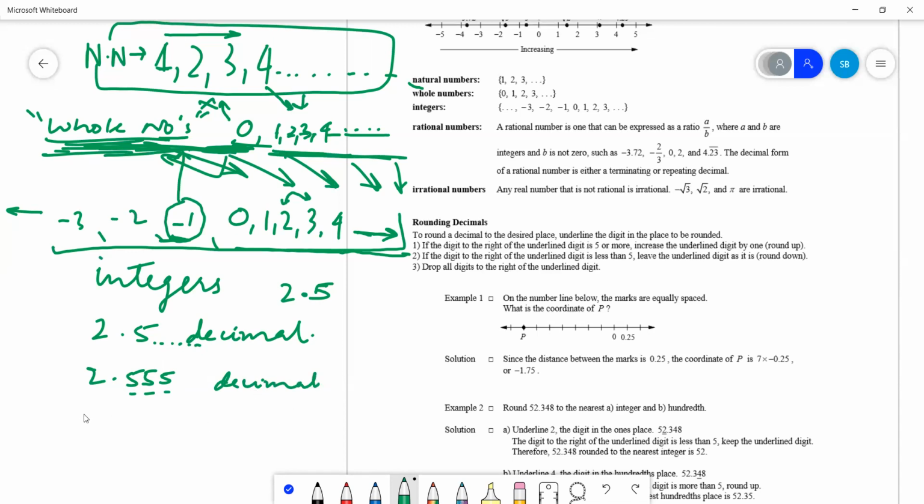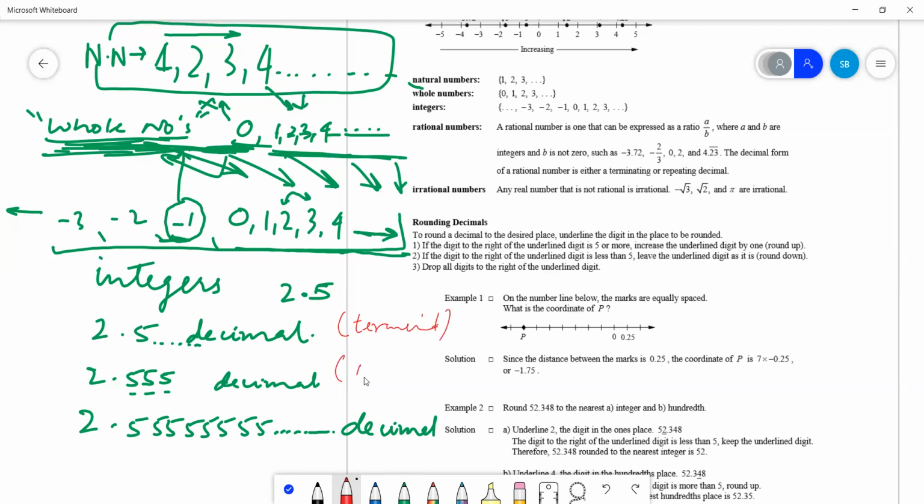There's one more decimal, 2.5555555, and so on. This 5 is unending. It is also a decimal, but it's non-terminating. The first two examples are terminating, but the third one is non-terminating.